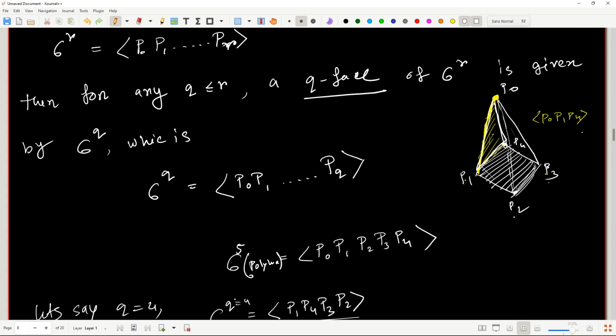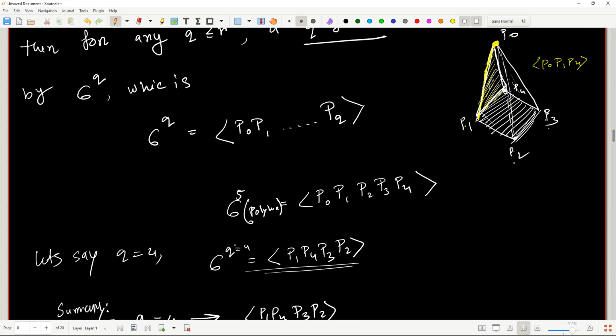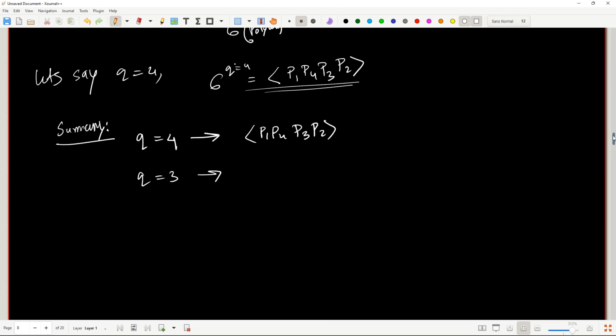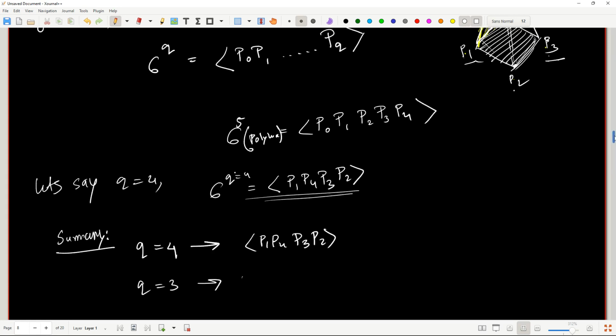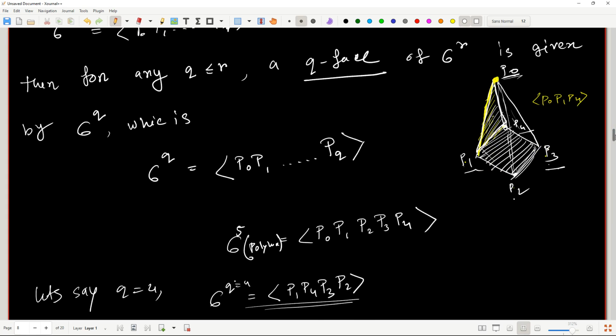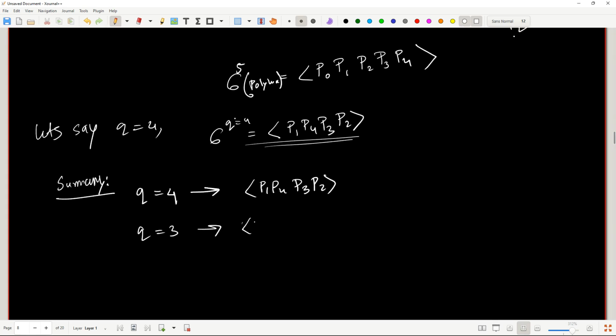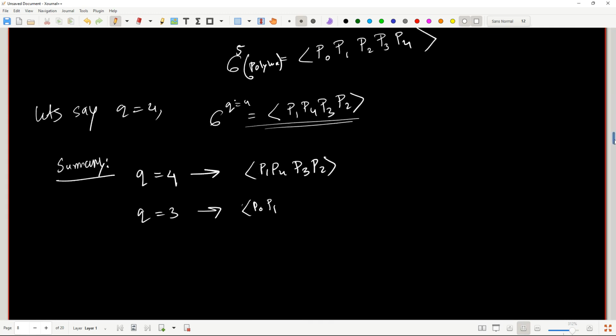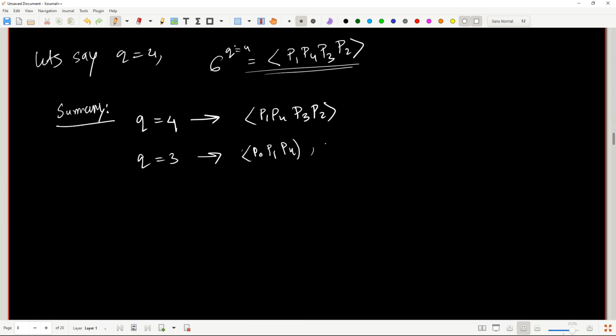Even though the drawing is not very good, you can understand that I can take these combinations of P0, 4, 1, and 3, right? So there should be 4 3 faces, and let me just write down one for your convenience. Let's say this is P0, P1, and what was the other point? It was P4, and 3 others.